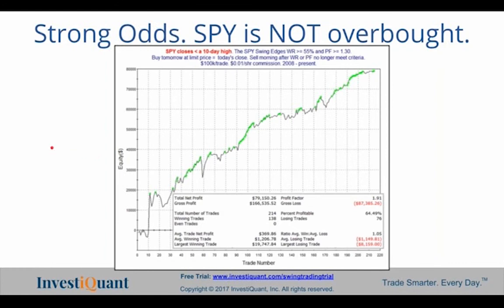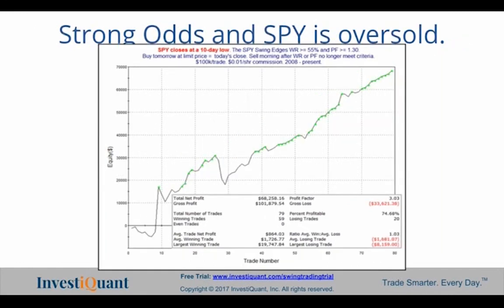Okay. And then we looked at the 5-day low, 5-day high system. I said, well, we know a 10-day high is not so hot. We know if we're below a 10-day high, that's good. What if we're at a 10-day low, right? What if the odds are strong and SPY is oversold? Well, now our profit factor is up to 3, which is really fantastic.